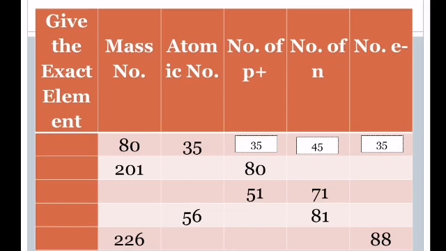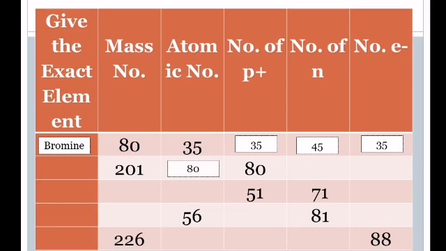Don't forget that in getting the number of neutrons, you subtract the atomic number from the mass number. So you have the answer 45. Get your periodic table and locate the element having atomic number 35. You can locate there that it is bromine.